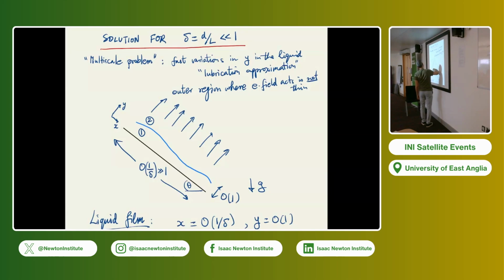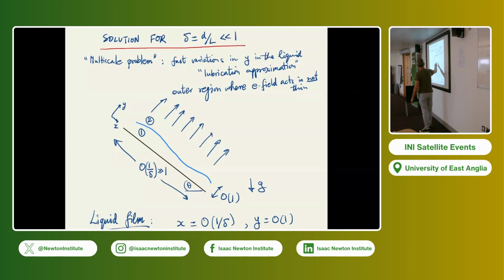But in the outer region, if the waves are very long, then I need to go as far away vertically in order to satisfy my boundary conditions. So necessarily, whatever happens that simplifies the flow in the liquid film, due to slenderness and all these things, will not hold in the electric field. So I always get a coupling of something that I can analyze, maybe by hand, as we will see, and something that will always be elliptic, an elliptic problem.